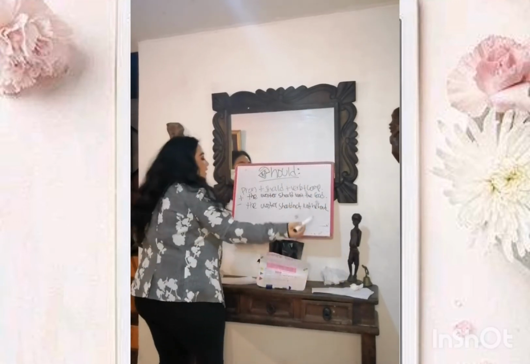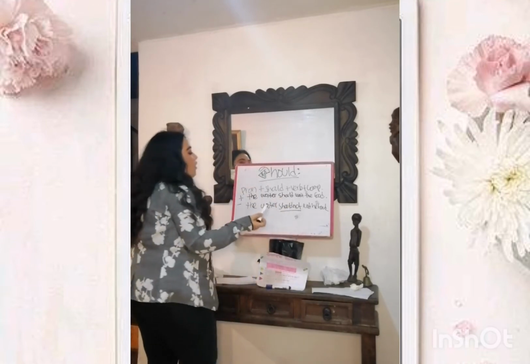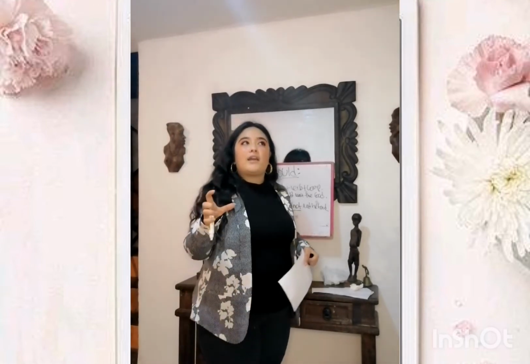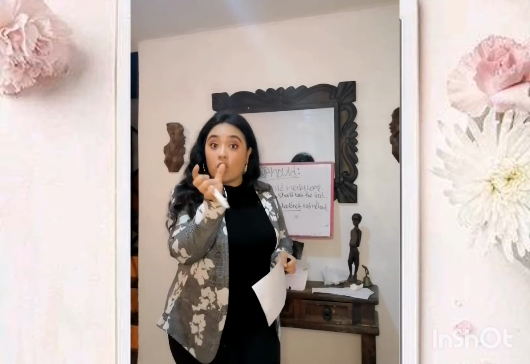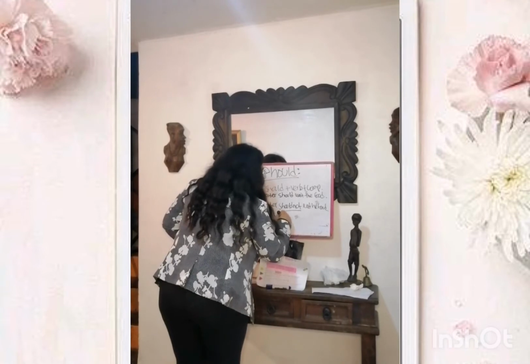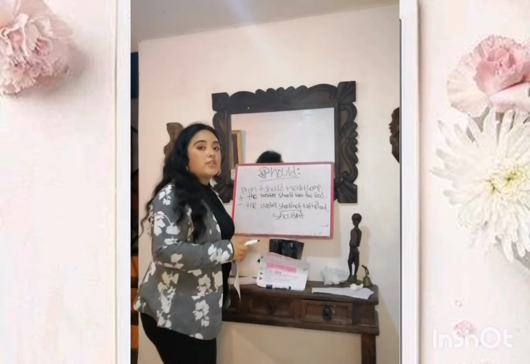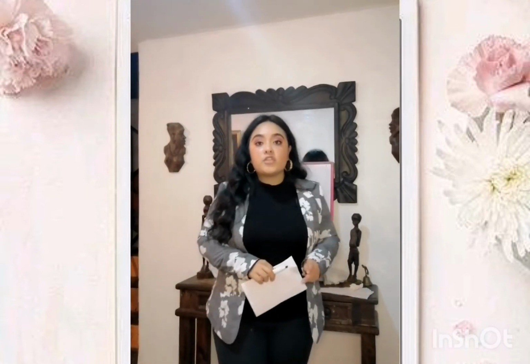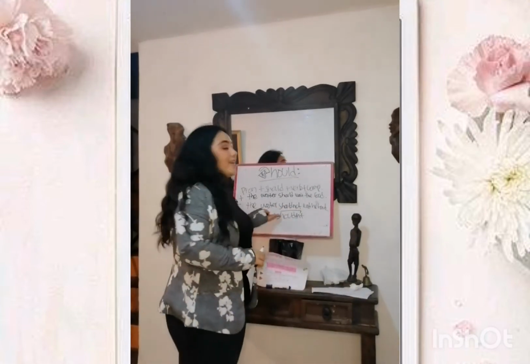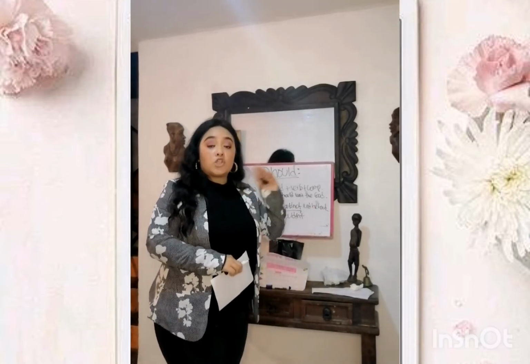Okay, so the negative in here it will be should not. We can use should not, or we can use the contraction, which is a way to shorten the words. So the contraction will be shouldn't. Okay? So that's the negative part of should.